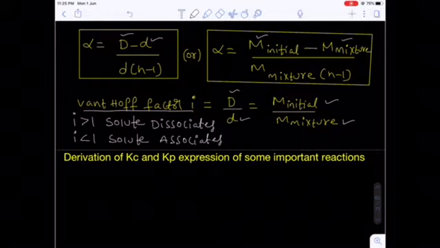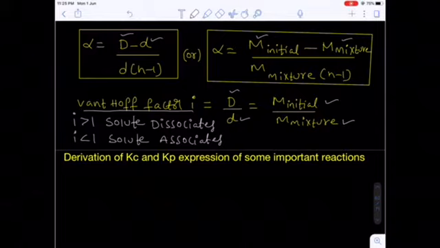Now this iota value signifies whether the solute is undergoing dissociation or association. When the solute undergoes dissociation, the iota value is greater than 1. When the solute undergoes association, the iota value is less than 1.